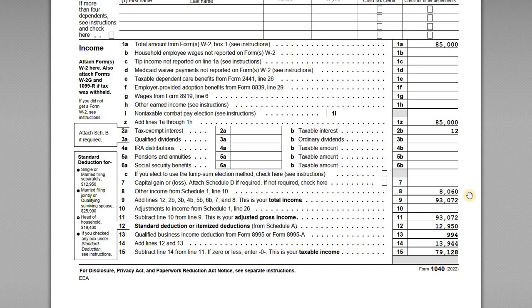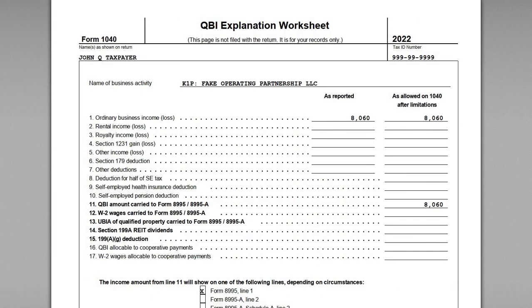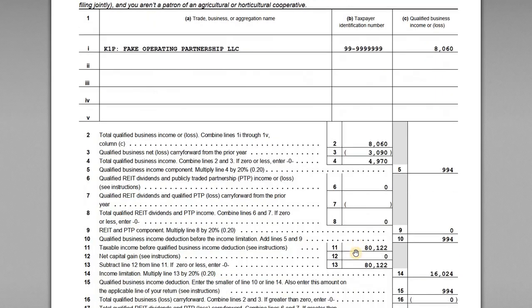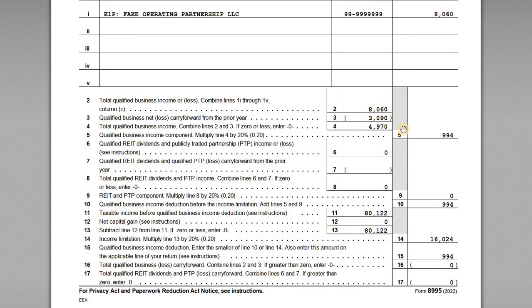So these are scenarios where it almost seems kind of unfair. You're reporting the $8,000 in income, and you're thinking, well, I should get a 20% deduction of that amount as my QBI deduction. Unfortunately, that's just not the way it works. You have to be accounting for these carry forwards to reduce your net QBI in those future periods. They have to be leveraged.